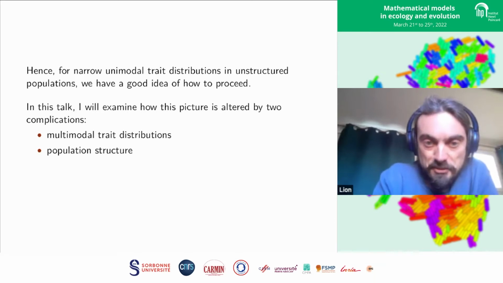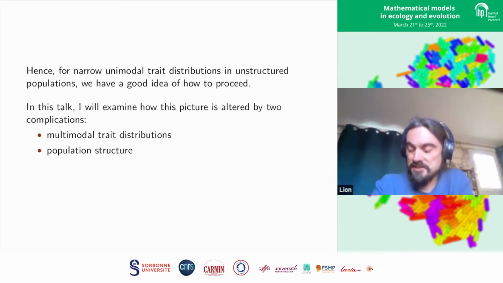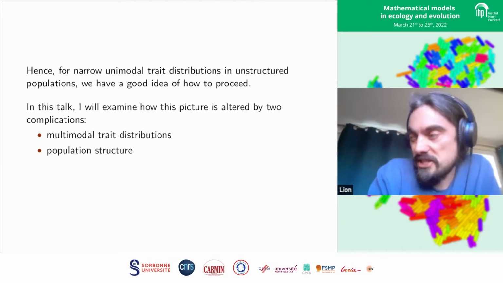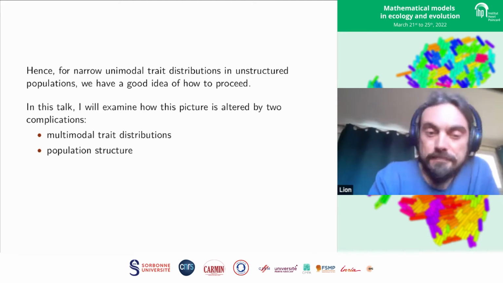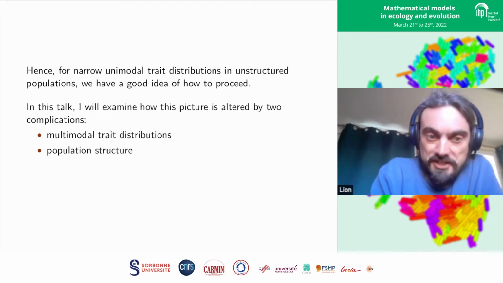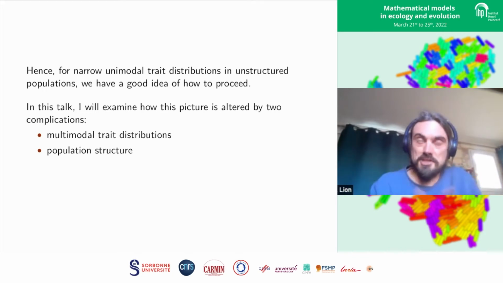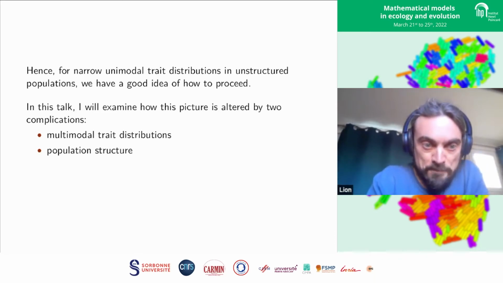But in general, if we want frequency dependence, a lot of the quantitative genetics or adaptive dynamics approaches use the idea of weak selection, so either a small variance or a mutant that is close to the resident, which amounts to the same idea.